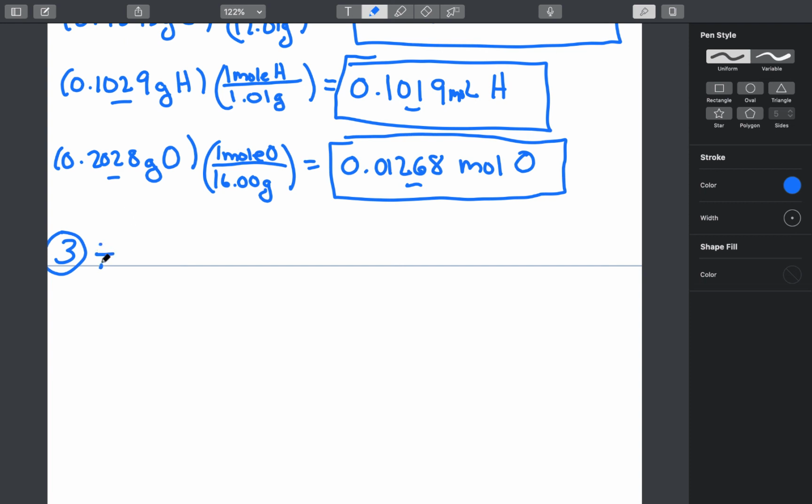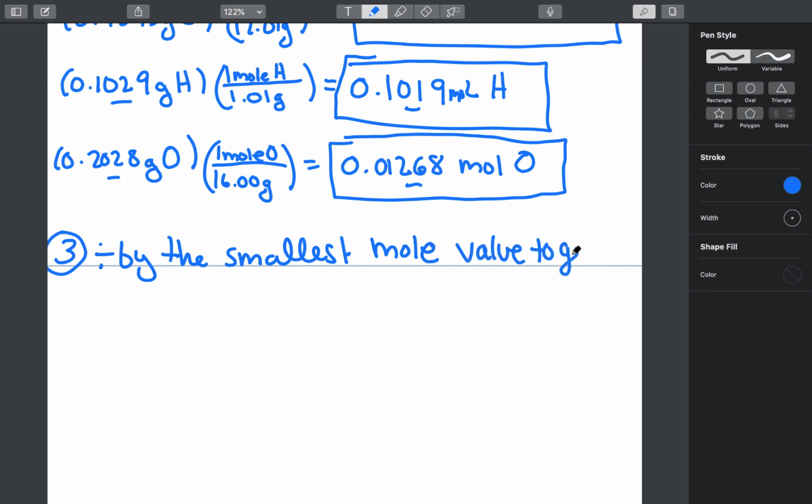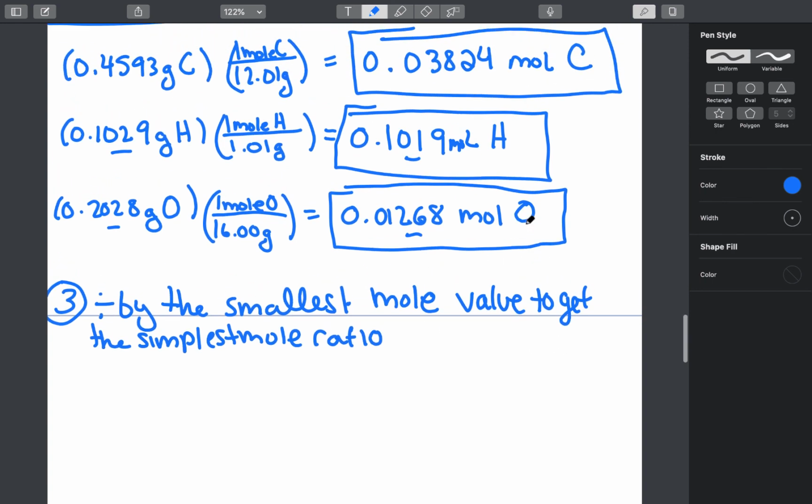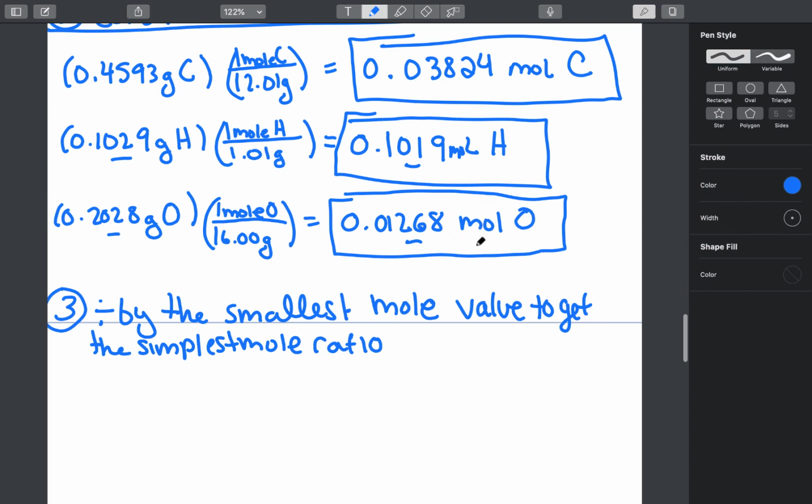So you divide by the smallest mole value to get the simplest mole ratio.